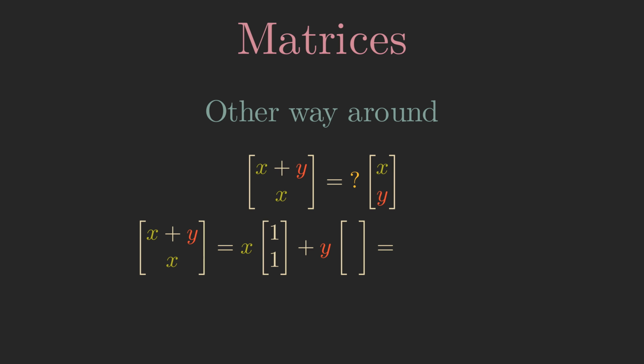On the other hand, y appears once on the top, but it doesn't appear on the bottom at all, so the vector will be 1, 0. From there, arrange our two vectors to be the columns of a matrix, and there we go. We got the matrix 1, 1, 1, 0, and when we multiply the vector xy by that matrix, we get the vector x plus y, x, which is what we want.